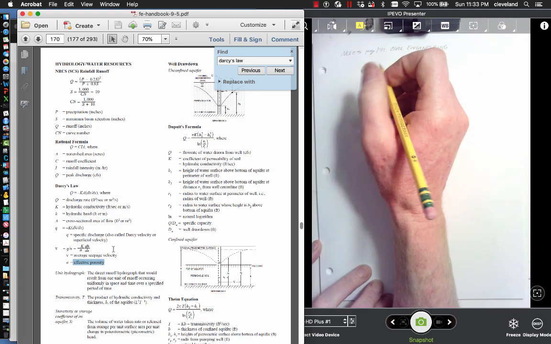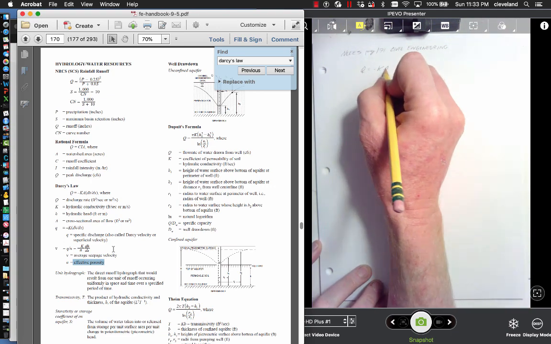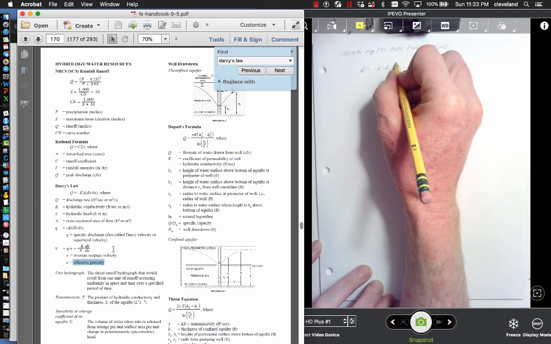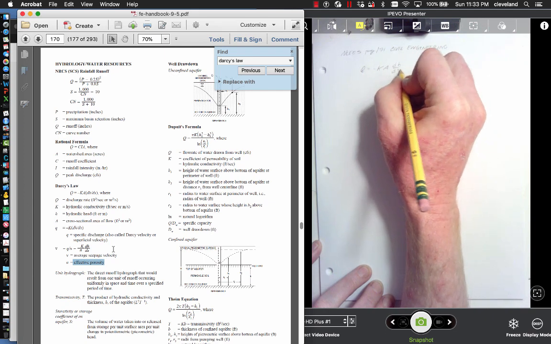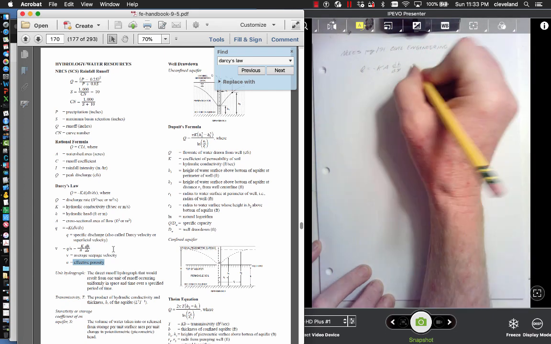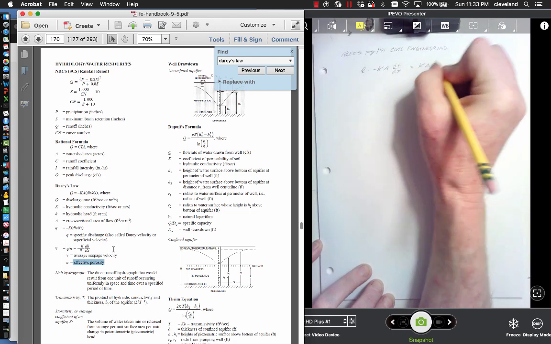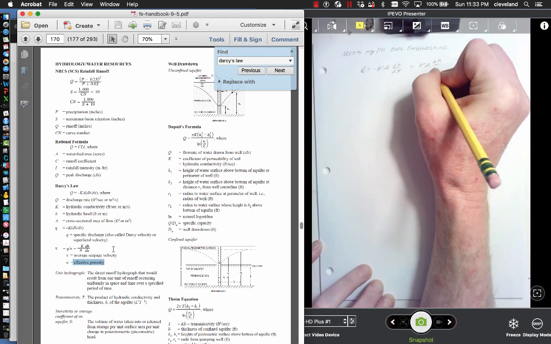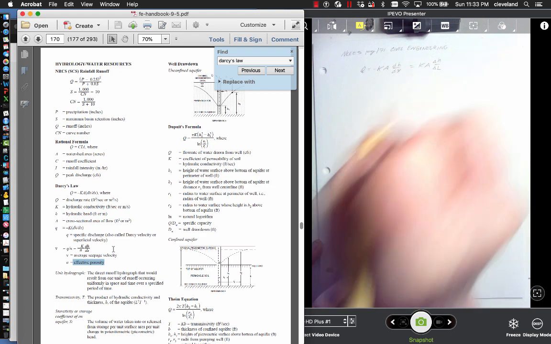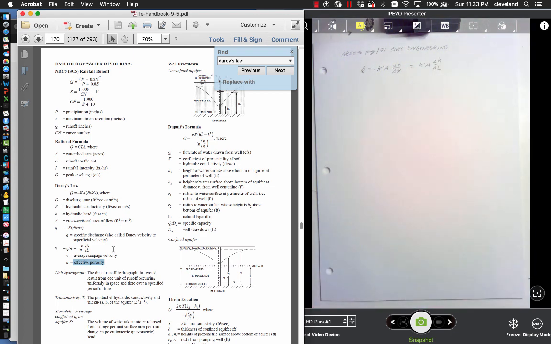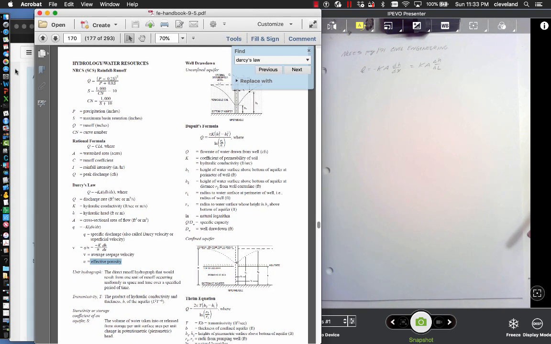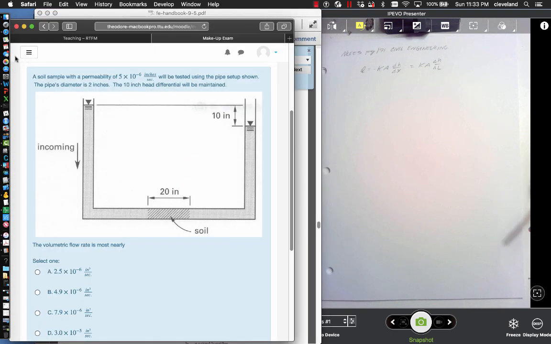Q is equal to minus KA dH/dx, which would be KA times change in head over change in length in the flow path direction. And since I'm a cheater, I'm going to do that. Let's return to our problem.